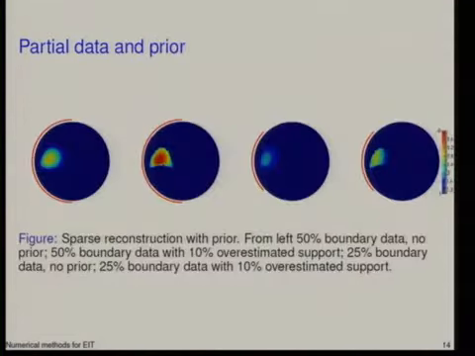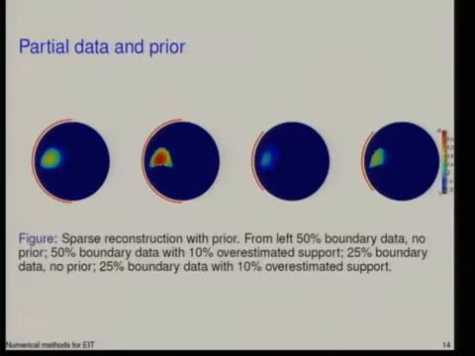So here's some partial data and the prior information. The partial data problem is a lot more difficult than the full data problem, and therefore one should feed more information to the problem in order to get nice reconstructions. There's a little sequence of pictures here.